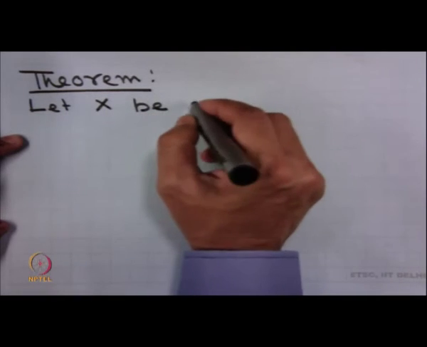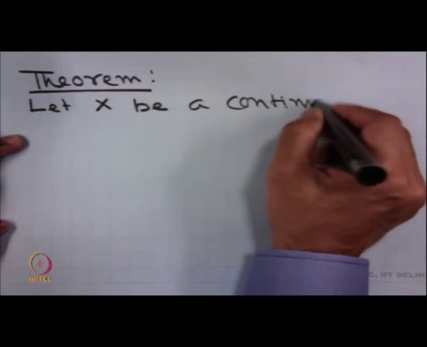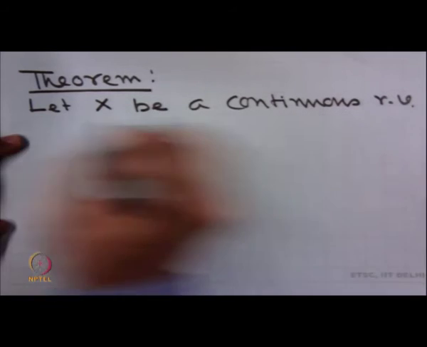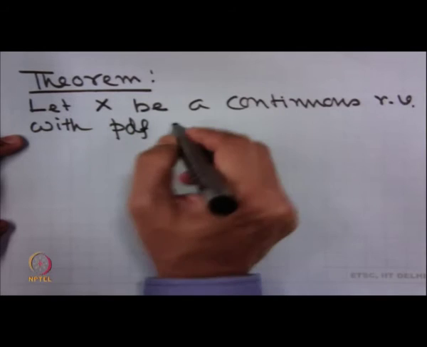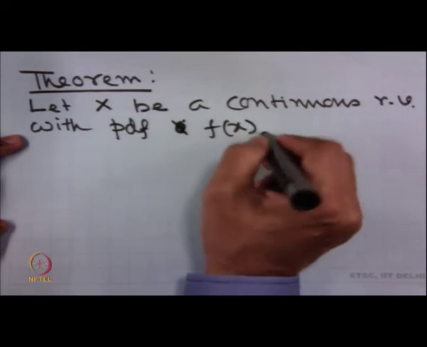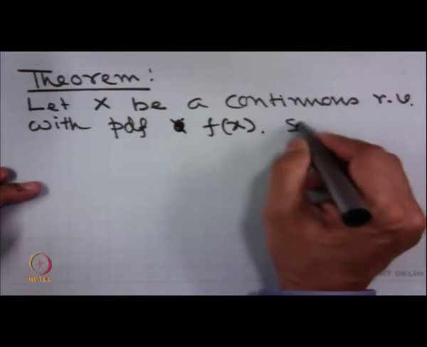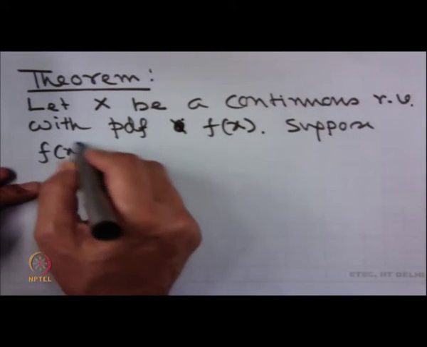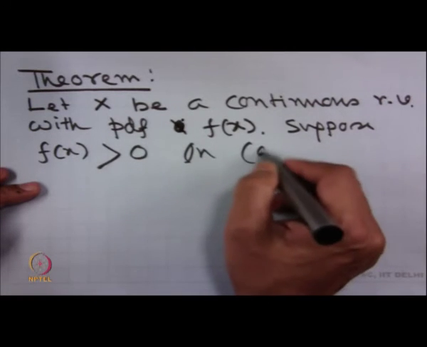Let x be a continuous random variable with PDF f of x, and suppose f x is greater than 0 on an interval a b.